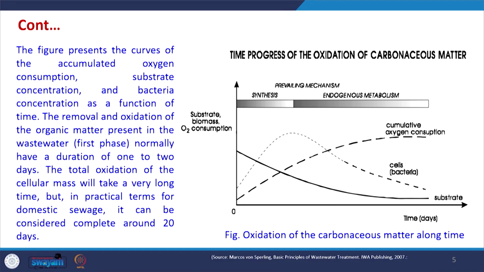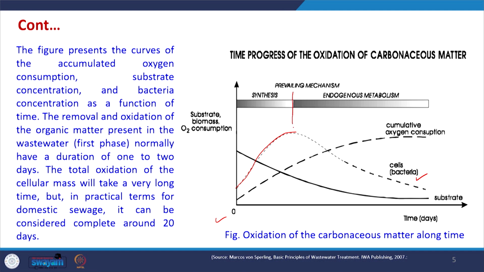Now, if we see the progress of oxidation of carbonaceous matter, we can represent the curve using this type of figure. Here the growth is given with respect to three different things, but one is how the cells or bacteria are increasing. We can see that they are increasing like this, and here we have two sections.